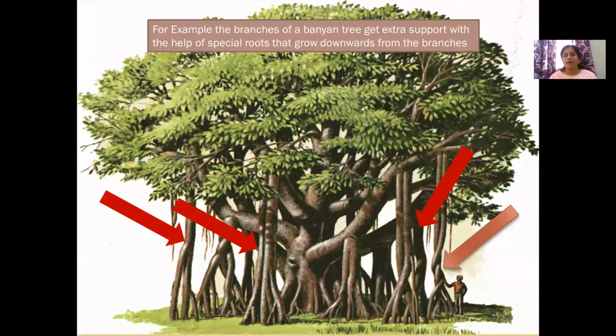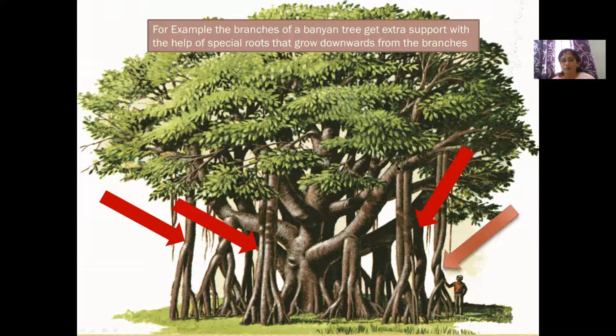One such plant is the banyan tree. Can you see on the picture? You can see apart from the trunk and the branches, some roots are growing downwards. From the branches, the roots are going towards the ground level. The branches of the banyan tree get extra support with the help of special roots that grow downwards from the branches.